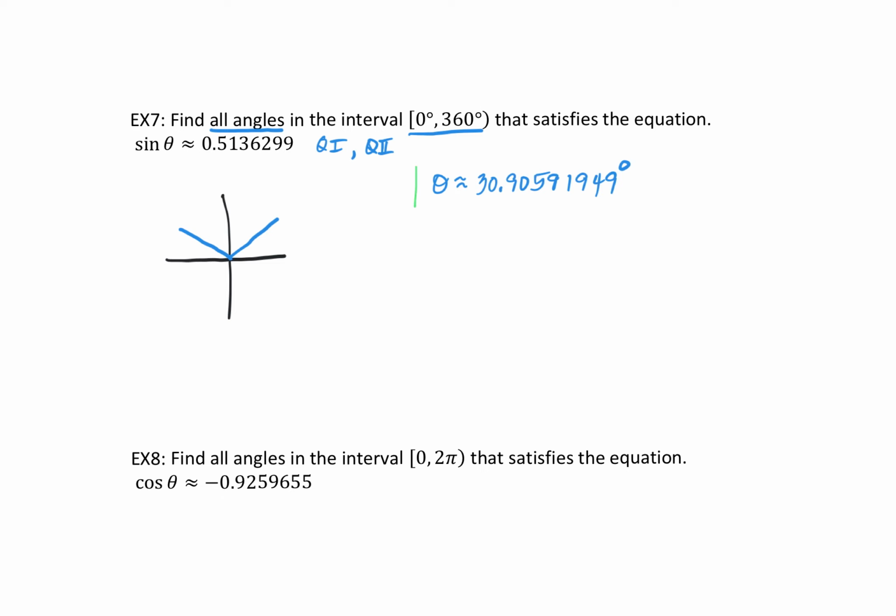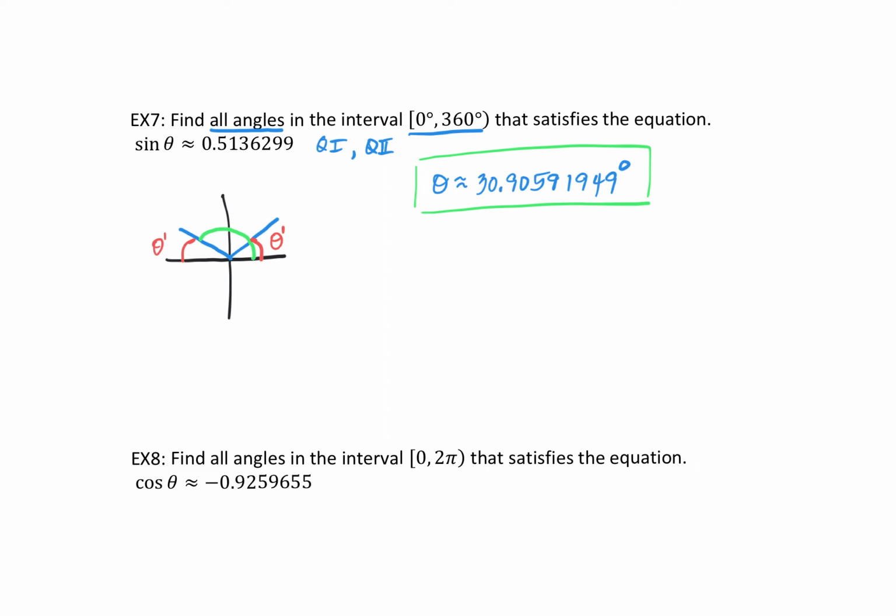But that's just one. I know I'm going to have 2 values. So we're going to use a reference angle to find the second one, the angle in quadrant 2. My reference angle would be the shortest distance from that terminal side to the x-axis. But look, these distances are the same.